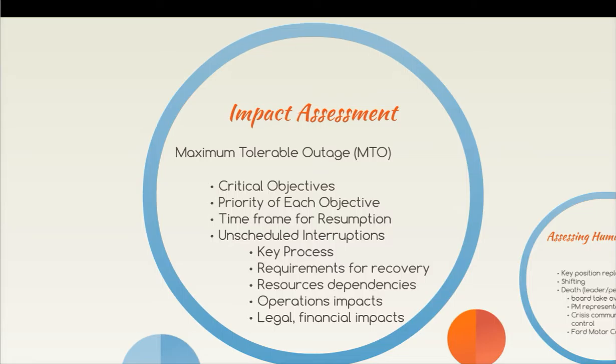So we have to look at what the critical objectives are inside of this tolerable outage situation. When we say critical objectives, if you think about streamlining, I always go back to Ford Motor Company a lot of times, because I like the idea of the processing plant and working through shifts to create a product at the end of the line. You can visualize this line.